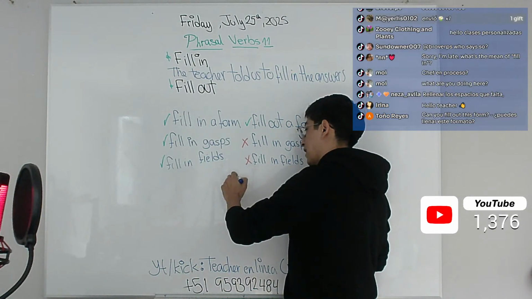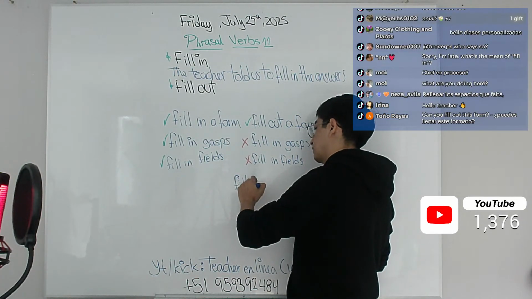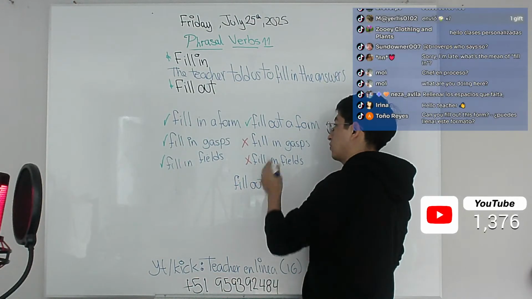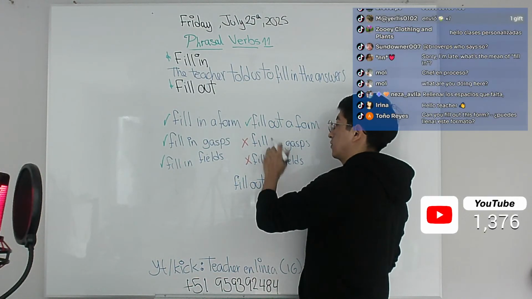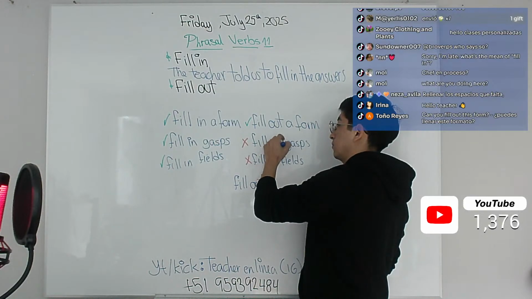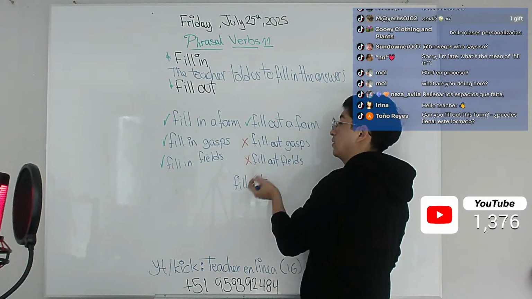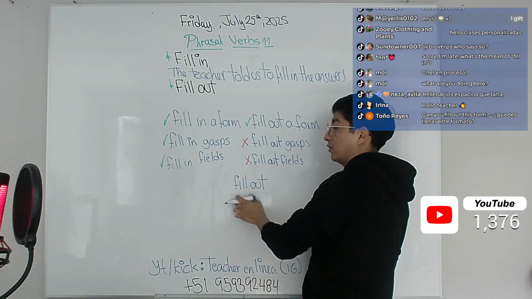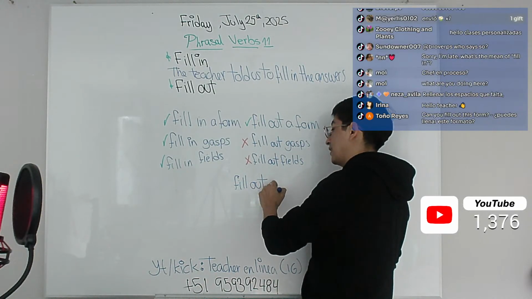Other examples, fill out. Okay, fill out. Sorry, fill in. No, fill out. Oh my gosh. Okay, this is not possible. Now, what we can say, for example, is fill out an application.